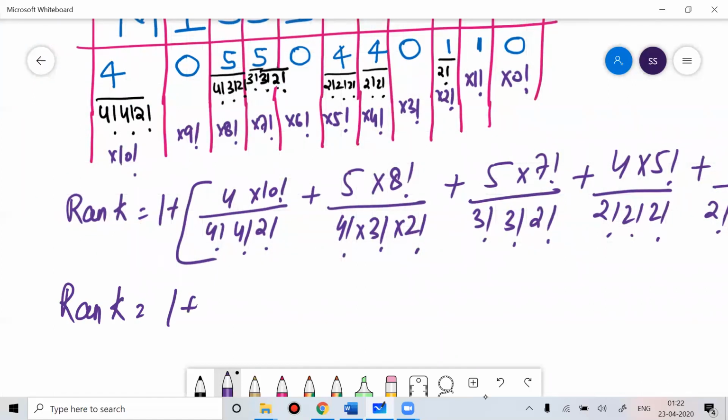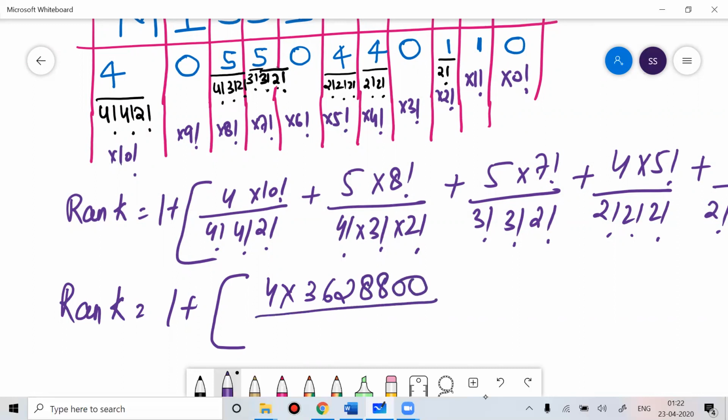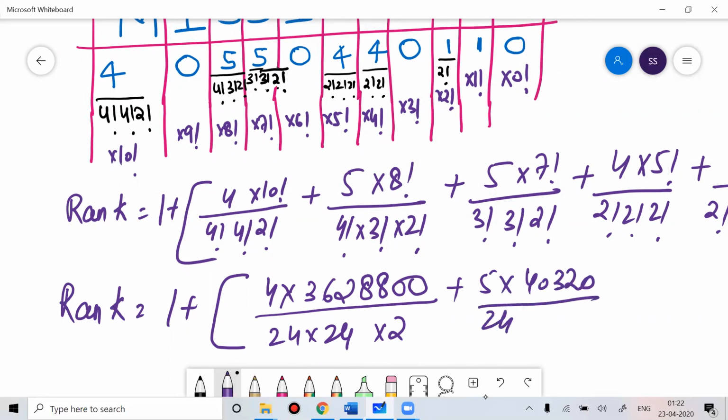Ranking of this is 1 plus 4 into 10 factorial. 10 factorial is 3628800. 4 factorial is 24. 2 factorial is 2. Plus 5 into 8 factorial, which is 40320, divided by 24 into 6 into 2.